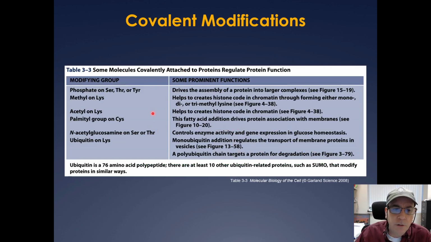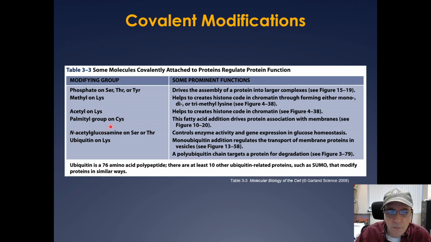And here's just a chart of some of the different covalent modifications. You can get phosphates on serines, threonines, and tyrosines. Methylation usually occurs on lysine, as does acetylation. You can get a palmitoyl group on a cysteine, which can actually drive a protein to associate with the membrane. The palmitoyl group is just a big hydrophobic fatty acid side chain that gets added to cysteine.